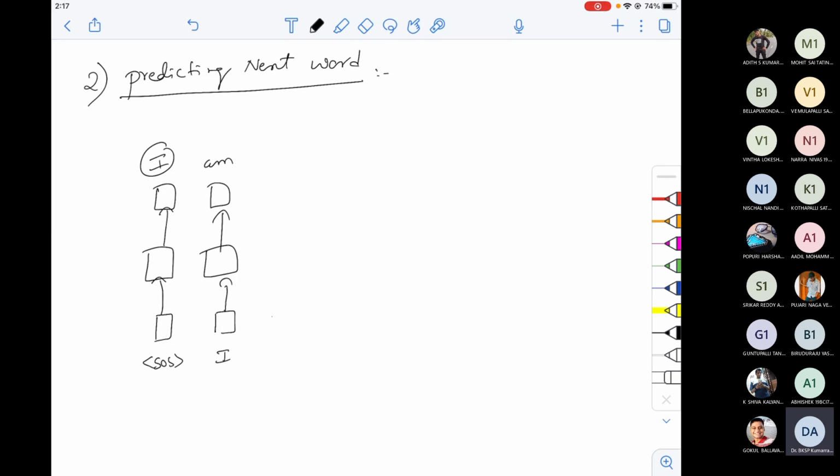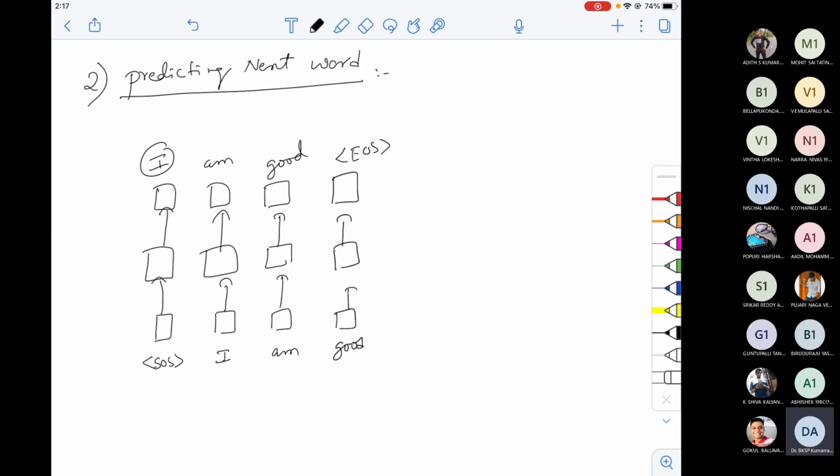Am, again am would be the input for this next ANN and hidden representation, and assume that I'm just taking the output, I'm getting the output good, and good will be an input for this good, and again the hidden representation, and maybe I'm done with my sentence, and you'll have end of sentence or end of sequence. So this is the model for predicting the next word.